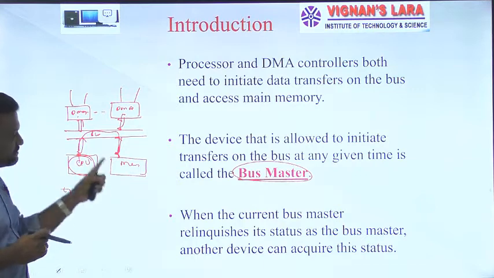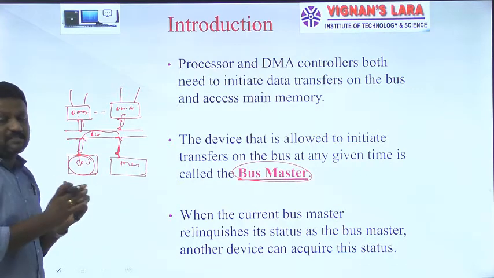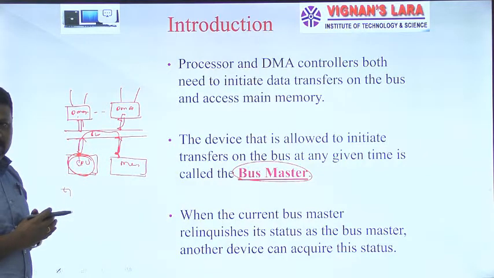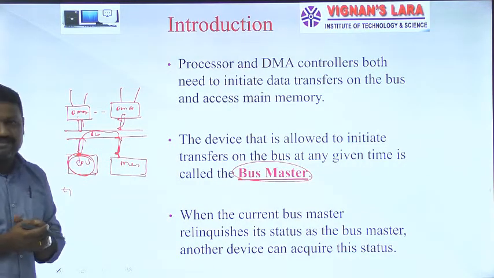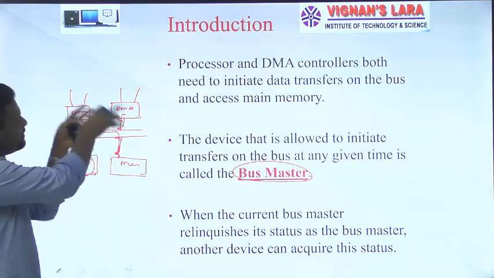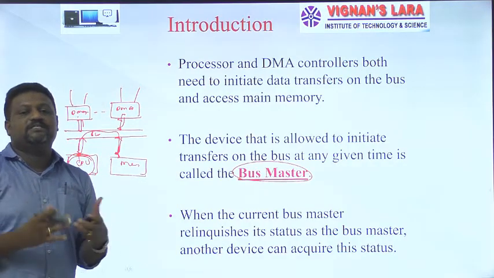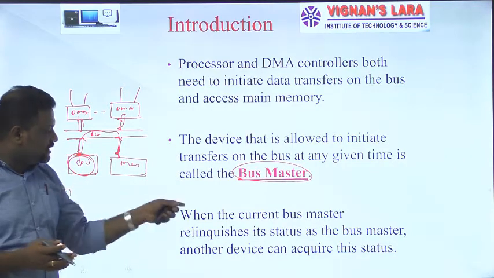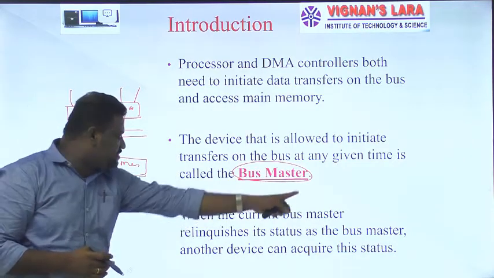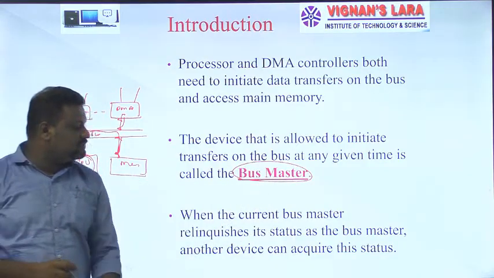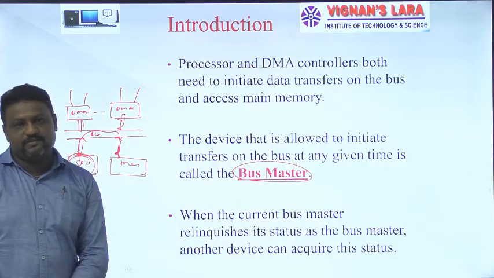When the current bus master relinquishes its status, that means if the CPU finishes its data transfers, then it releases control over this bus. Then automatically the remaining devices present in the system try to access that bus. That is the meaning of this: when the current bus master relinquishes its status as bus master, the other device can acquire this status.